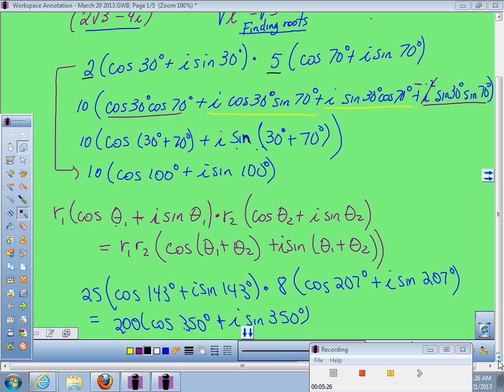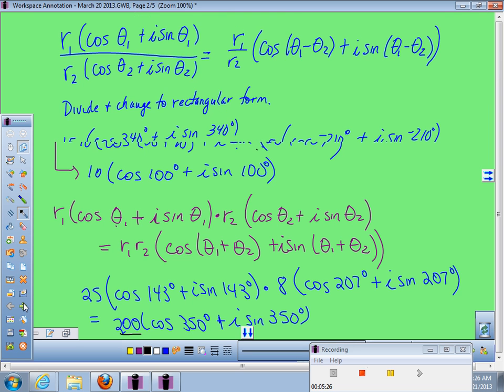So we took 25 times 8 and got 200. And then I simply added the angles. 143 plus 207 makes 350 degrees. And if they want your answer in polar form, you're done. If they want it in rectangular form, you have to convert it back. So it really is that simple. Now that we know we're that brilliant, you can figure out how to divide just as easily.